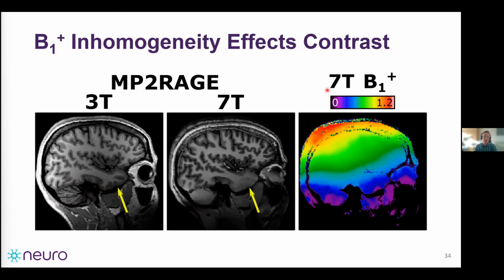So if we look at the B1 field, what's going on here? I rescaled this again because we're really getting a drop off in the B1 field. If you use a cursor and look at what the B1 value is here, we're actually getting close to 10%. Because of that, we're not able to get the signal difference between the gray matter and white matter contrast with such a low flip angle.